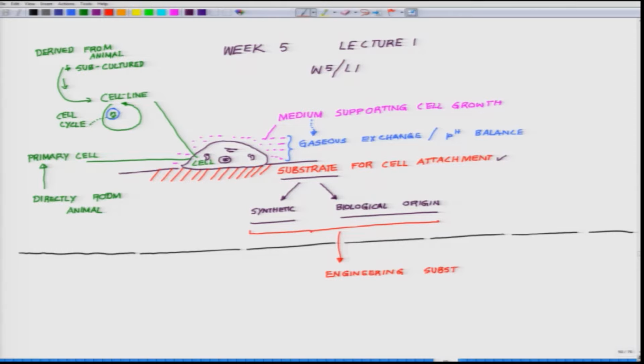And what does that mean? When we talk about engineering substrate, we'll talk about engineering substrate in 2-dimension, engineering substrate in 3-dimension. We will come to this.